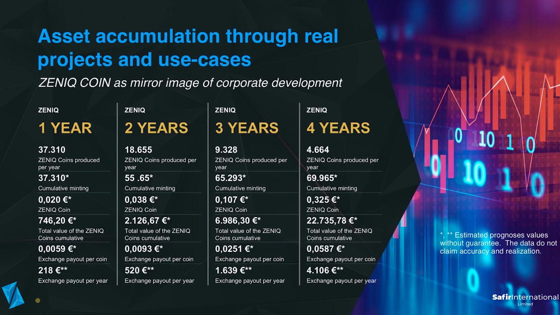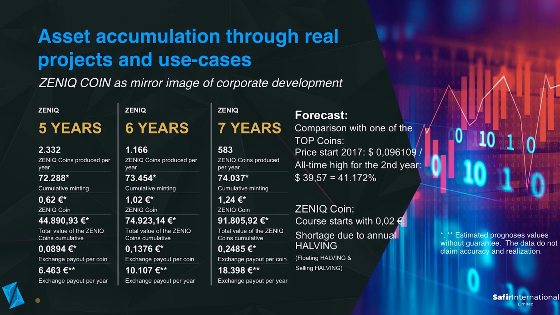If we are spinning this forward 3 more years, you have minted about 74,000 coins. You have a total value of almost 92,000 euros and an additional passive income of more than 18,000 euros per year.